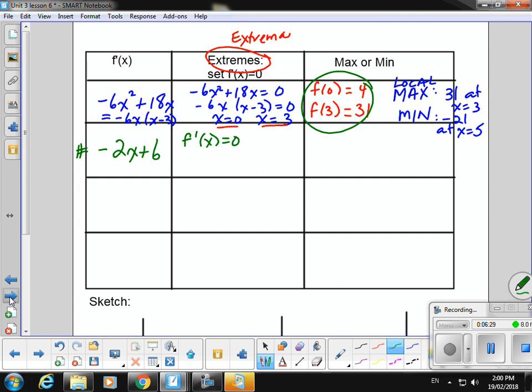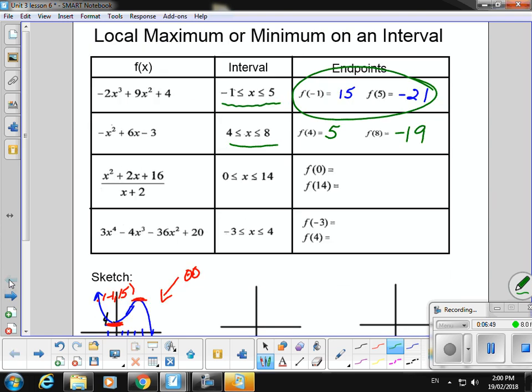So for my extrema, I have negative 2x plus 6 equals 0. x equals 3. What is the value of the function f at 3? f at 3, so I've got to go back to the original function. Sorry, this is number 2. To the original function, put a value of 3 in there, and I'm going to get 6.